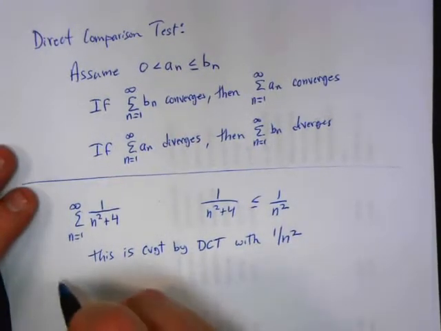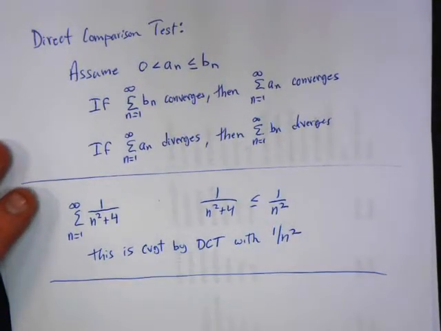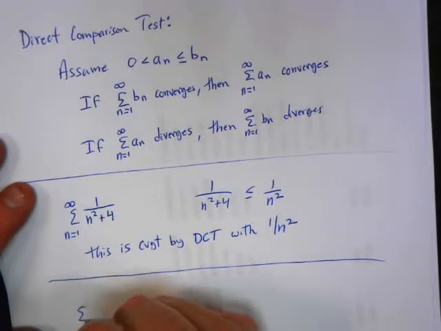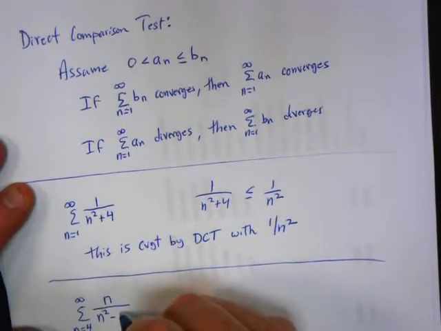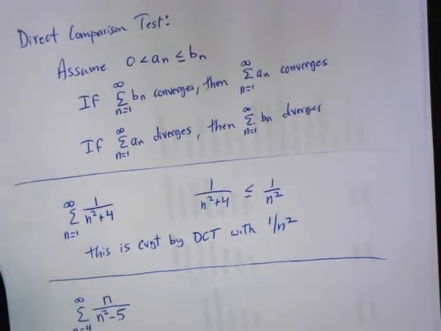All right, how about the sum from n equals 4 to infinity of n over n squared minus 5.